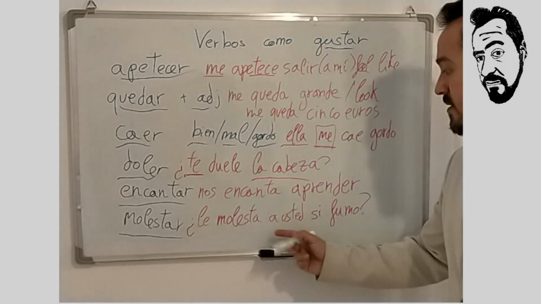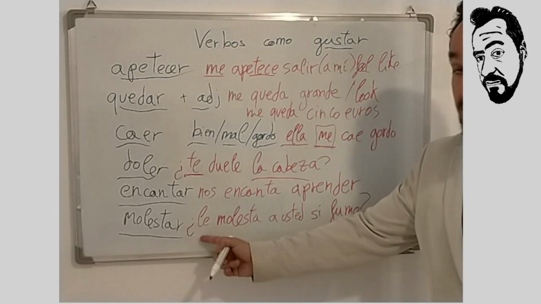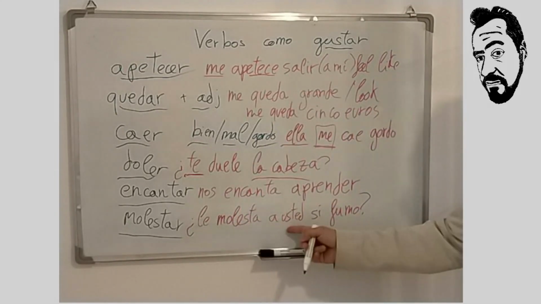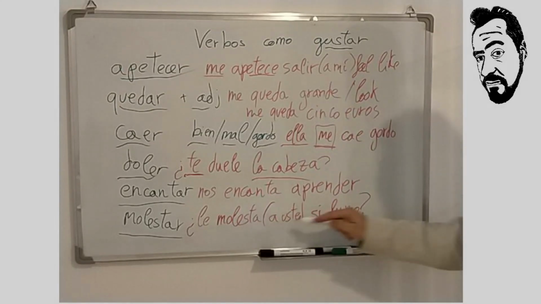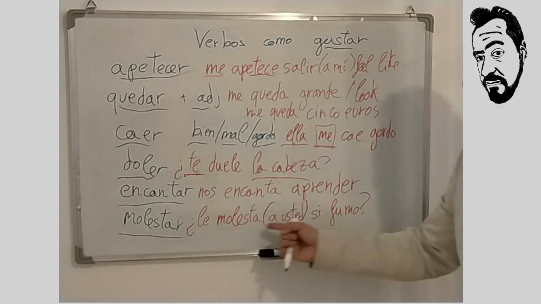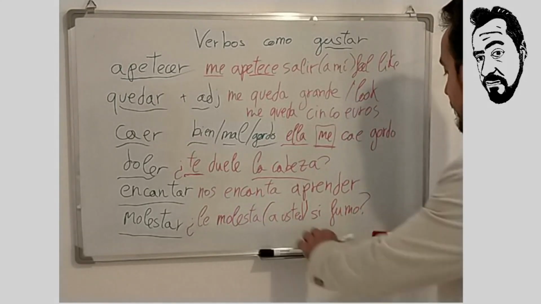Okay, now we're gonna use usted. Remember, with usted, you're always gonna use le with these kind of verbs. So, le molesta a usted, this is optional. ¿Le molesta a usted si fumo? Does it bother you if I smoke? Okay.